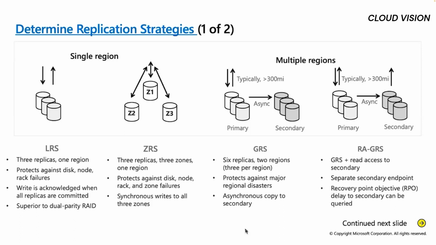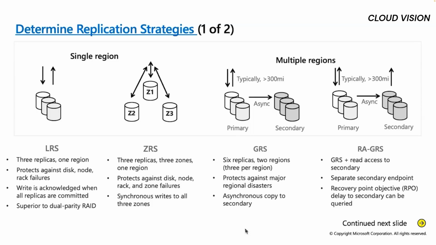So if your requirement is to keep your data in one single local region, with no worry about region failure or zone failure, and if your business is not affected by those kinds of scenarios, then LRS is a good option.